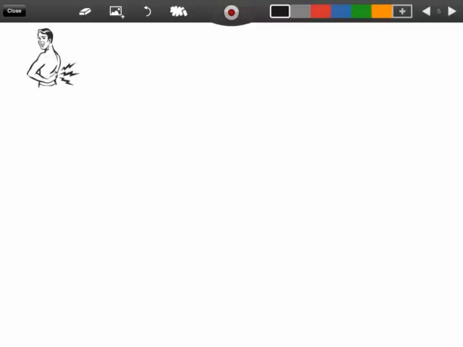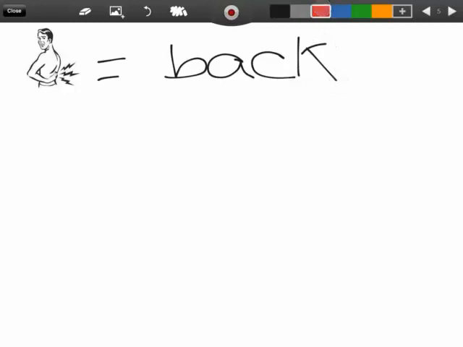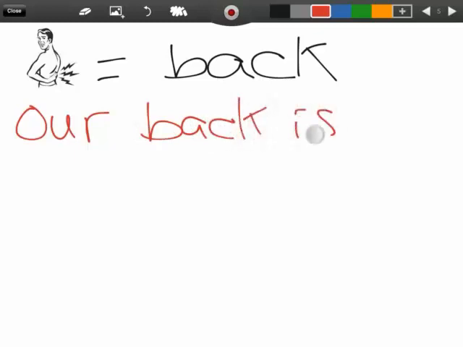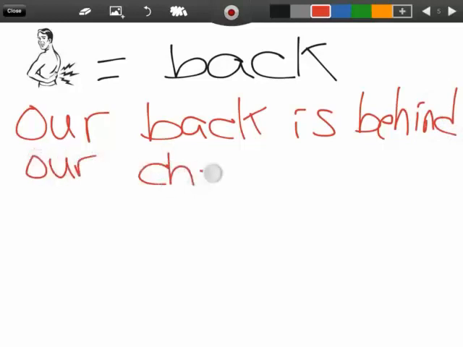Moving on to my next body part, this is our back. And I'm going to tell you where that's located. Our back is behind our chest. As you can see here, this is the back.